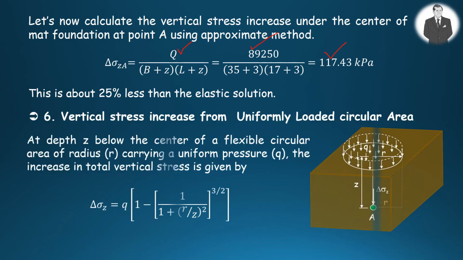Vertical stress increase at depth Z beneath the center of a uniformly loaded circular area can be determined with the help of the equation given here, in which Q is the uniform pressure acting on the ground surface, R is the radius of the circularly loaded area, and Z is the depth of the point under consideration where the stress increase is needed.